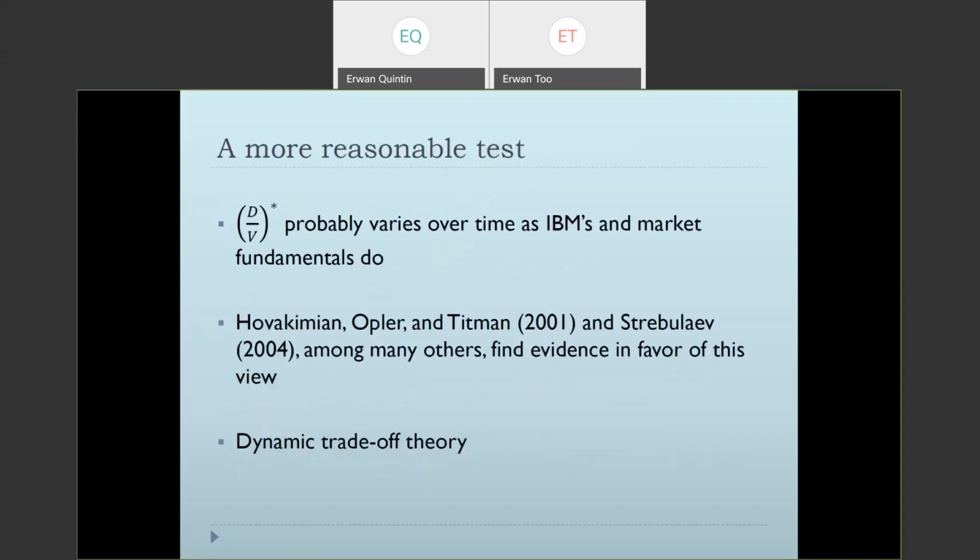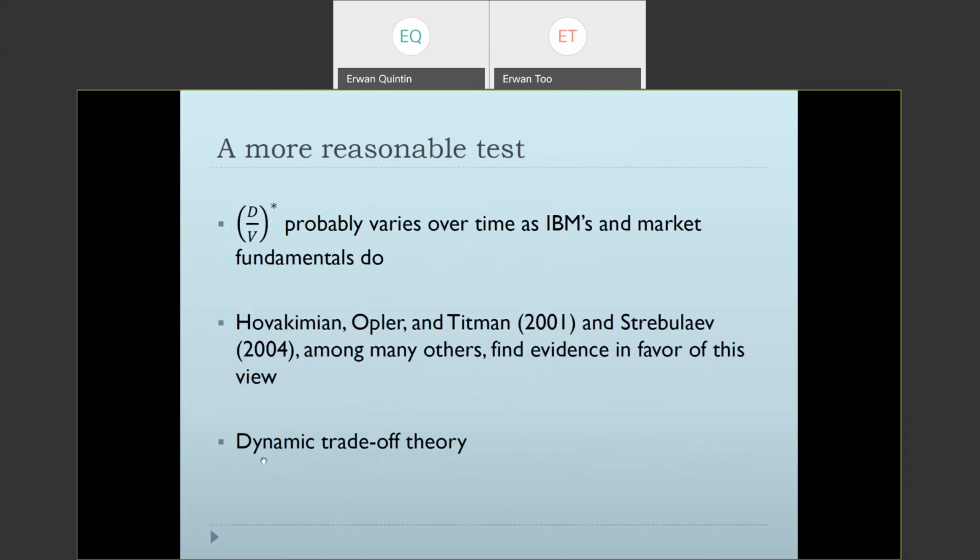Now, of course, we should be a little bit more careful. The idea that IBM has one leverage target is just intuitively unbelievable, because market conditions are going to change, market fundamentals are going to change, IBM's fundamentals are going to change. So in fact, that target must move around a little bit over time.